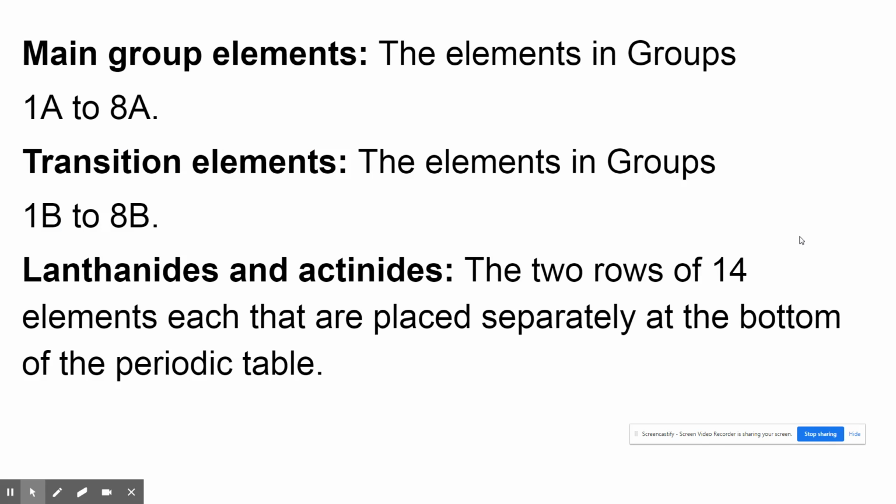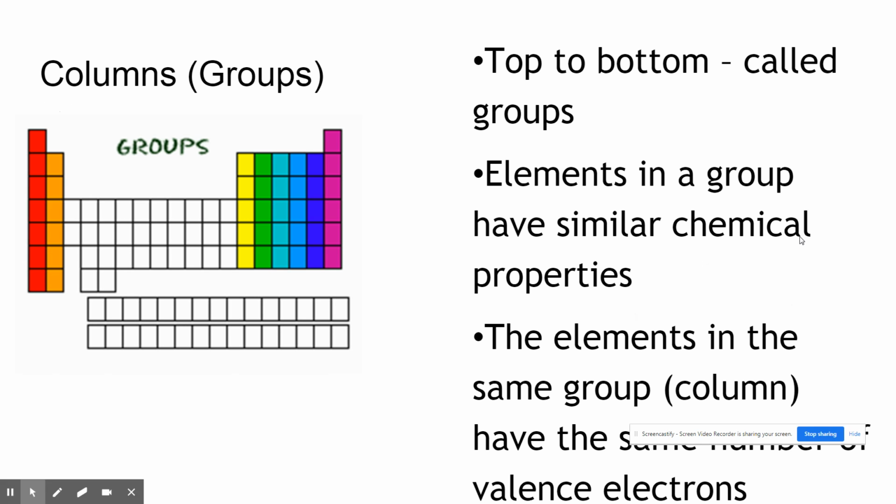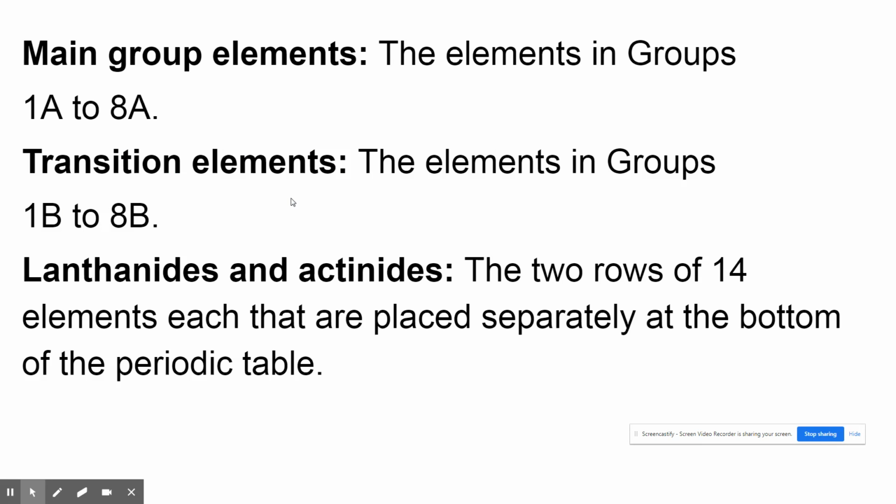Transition elements, we'll talk about those in a little bit. They are the elements in groups 1B to 8B, and those are the columns here that are all white. This would be 1B, this is 8B. If we have 1A through 8A and 1B through 8B, we have a total of 18 groups on your periodic table.